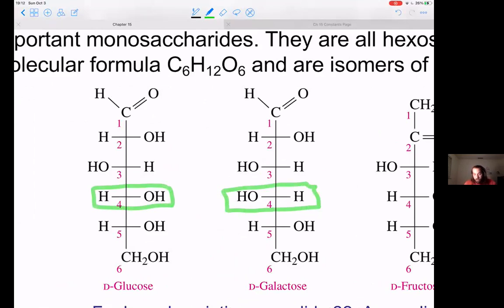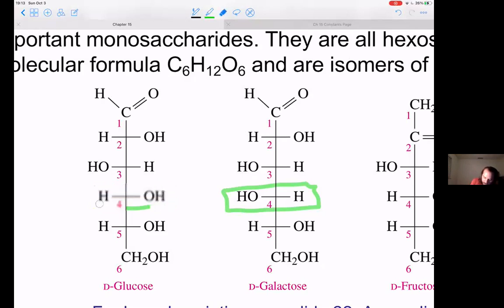In general, that's the difference between all sugars. They can differ by the number of carbons. They can differ by being either aldoses or ketoses. But if you're talking about all the aldohexoses that exist, for example, the difference is going to be where the hydroxyl group is, right?